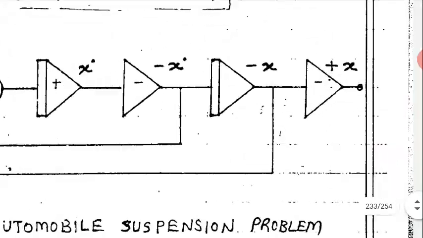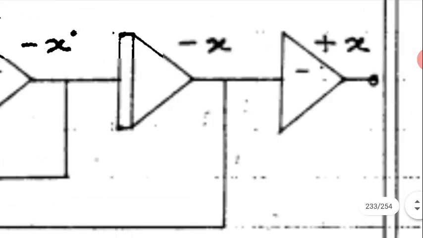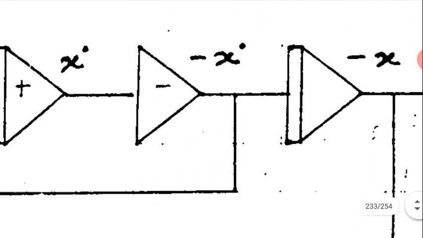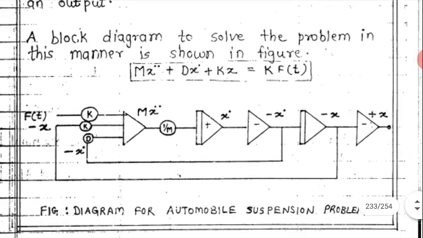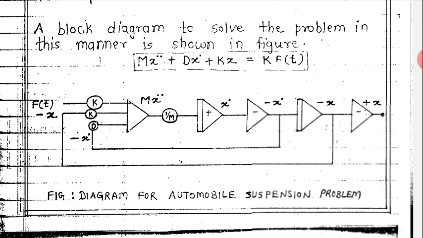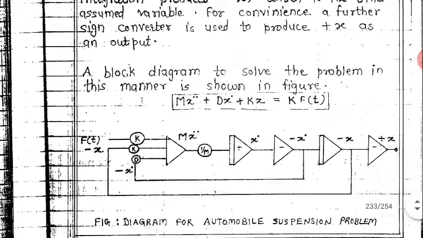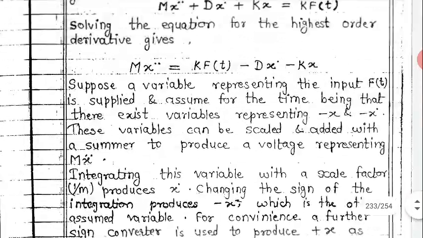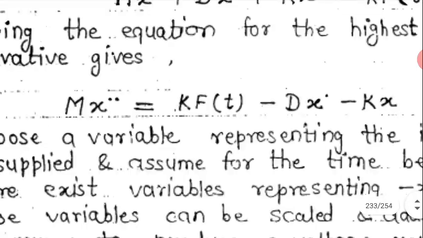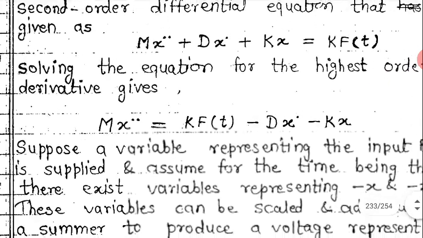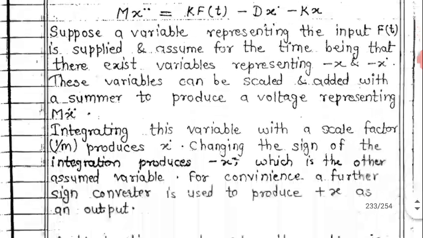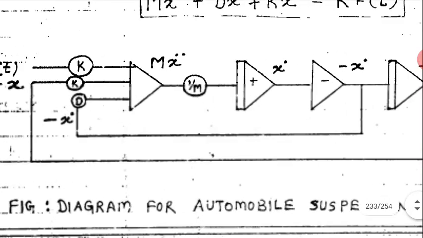So that output is given in this diagram over here. Here we have seen this diagram for an automobile suspension system as a spring mass and damper system, and for that we have used this equation, whatever we have rearranged, that is m x double dot is equal to. So now we can observe this in this diagram.